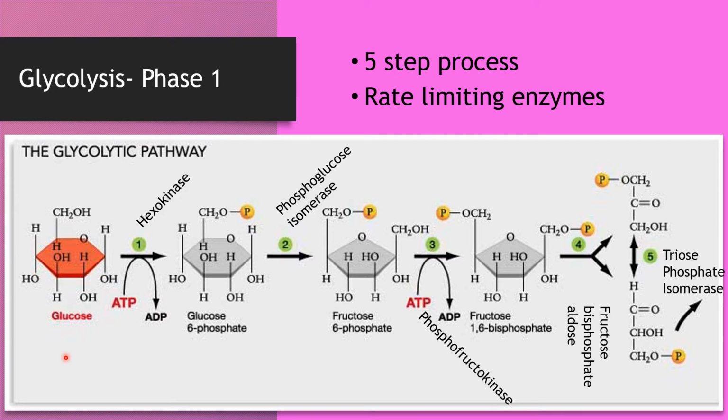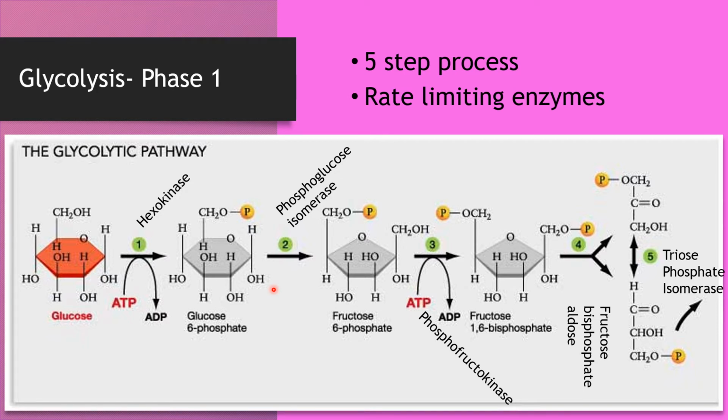The first step is the rate limiting enzyme, hexokinase, right here. This takes one ATP molecule to produce that glucose 6-phosphate right here. It needs that ATP to drive the reaction to get your glucose 6-phosphate.